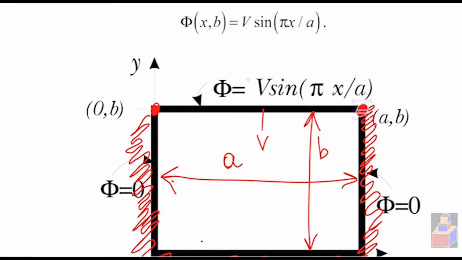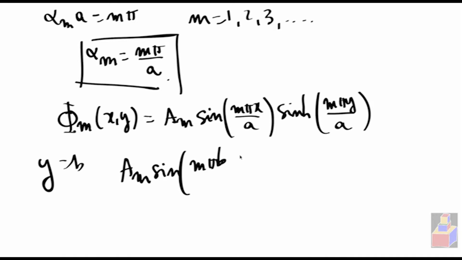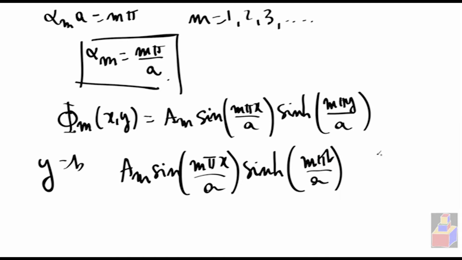So we have to impose that the solution at y equals b equals V sine(πx/a). So at y equals b, we have A_m sinh(mπb/a) sine(mπx/a) equals V sine(πx/a).